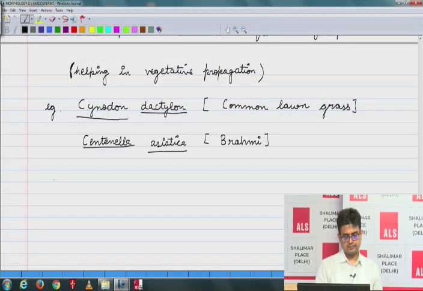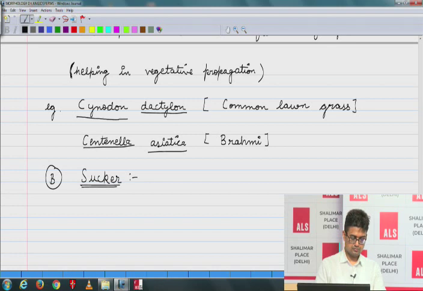Then there is sucker. Well, the definition of sucker is very important.